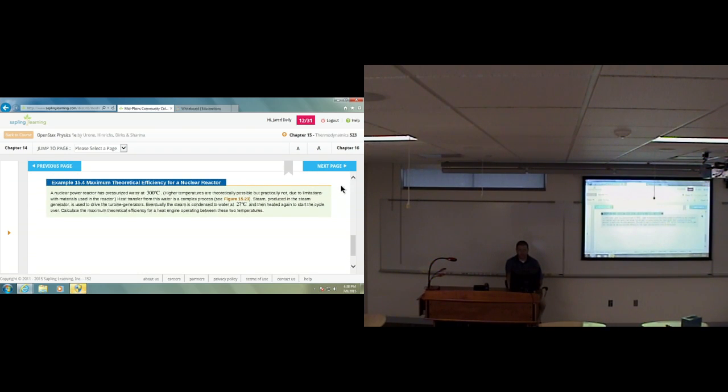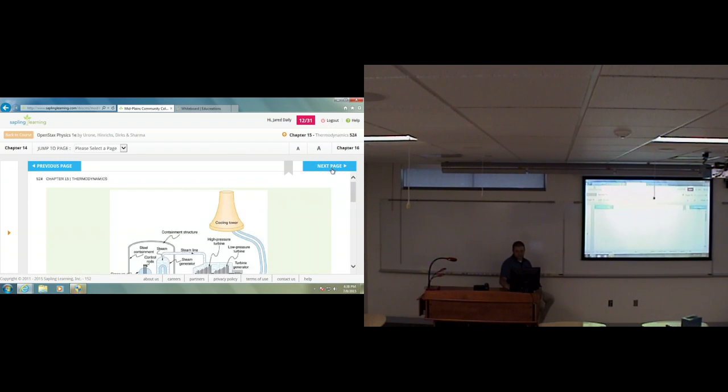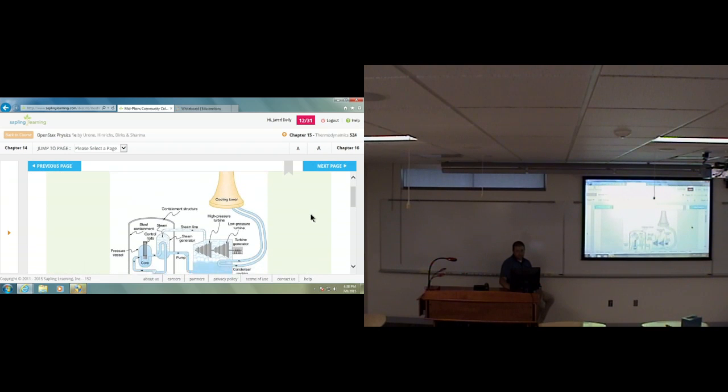Let's look at a nuclear reactor here. Nuclear reactor, pressurized water at 300 degrees Celsius. You can get higher, but it's kind of hard to get much higher. And it's at pressure, which is what allows it to get so hot. This is what a nuclear reactor looks like.